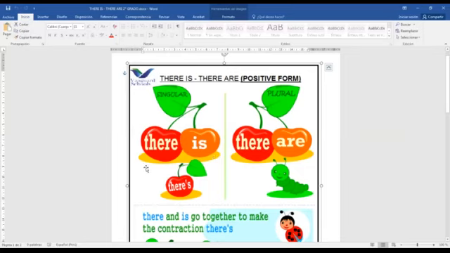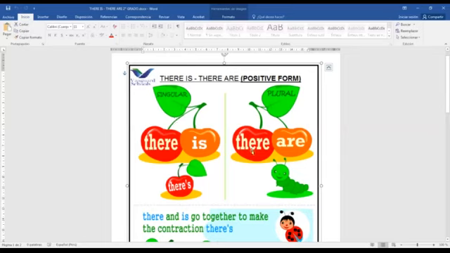If I want to say hay un libro, there is a book. If I want to say hay un lápiz, there is a pencil. ¿Ok? Y muchos ejemplos más usando sustantivos en singular. There is significa hay y lo usamos para los sustantivos en singular. Singular noun. ¿Ok?